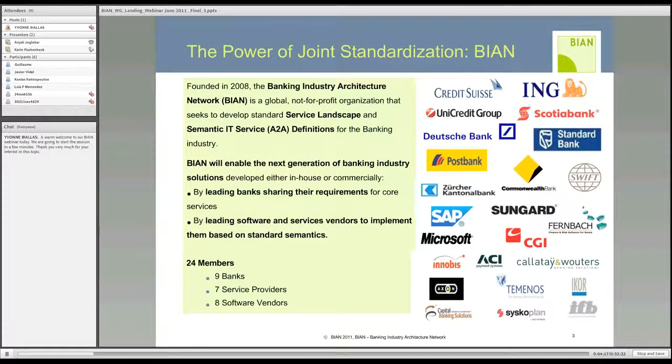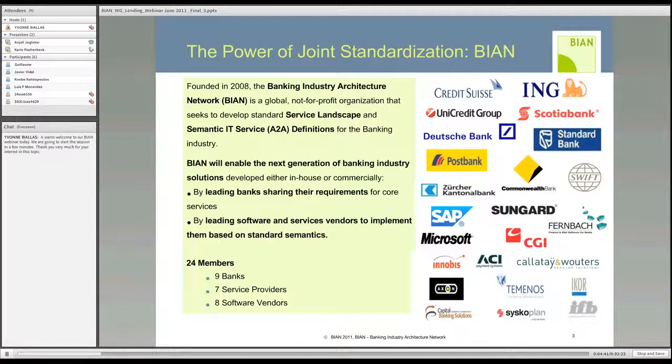So for those of you who are not that familiar with Buyin, which is short for Banking Industry Architecture Network, it was founded in 2008, but it also has a history of that, so it goes back to 2006 basically. And in 2008, it was transitioned into a not-for-profit organization, an independent organization.